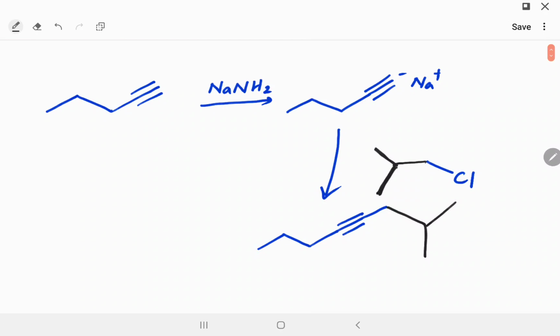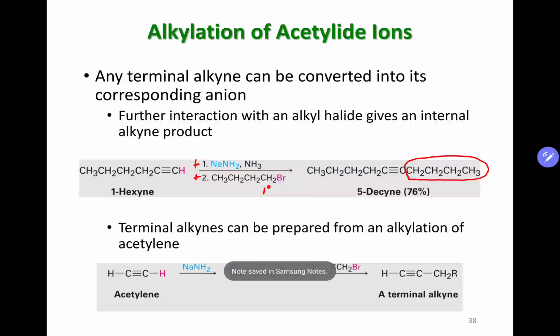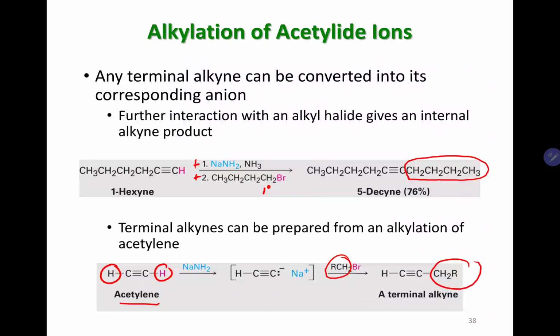All right, let's go back to our lecture note. By the way, this reaction is very important. If you have acetylene, that means you only have 2 carbons in your alkyne, which means you have 2 acidic protons. So you can remove 1 proton and then attach an R group using the same reaction that we learned.